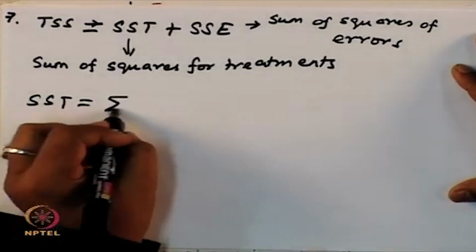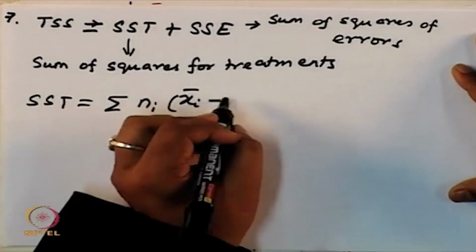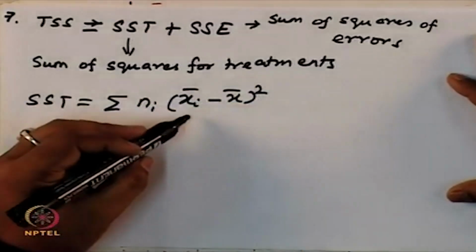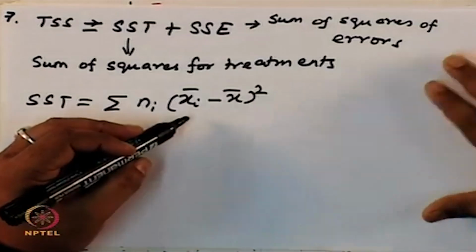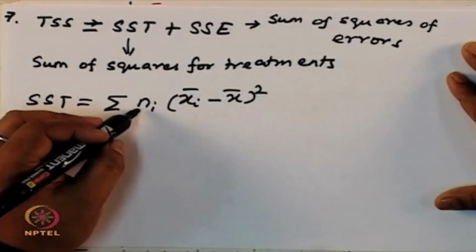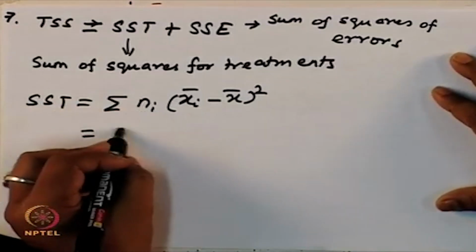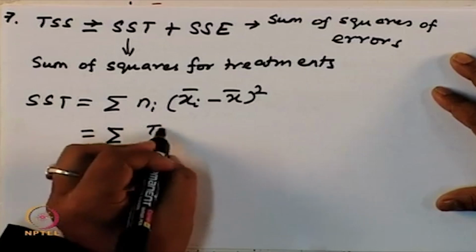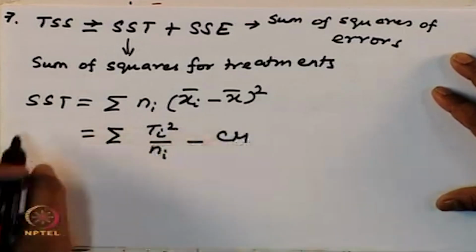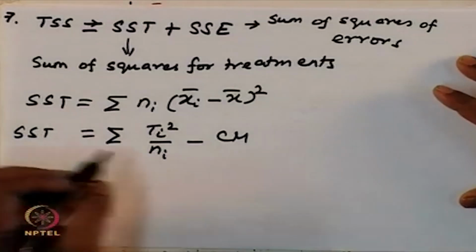You define SST as the summation of Ni times (xi bar minus x bar) whole square. So, xi bar is the sample average for the ith sample, and Ni is the sample size of the ith sample. This you can again expand and show that SST is the same as summation of Ti square by Ni, minus Cm.